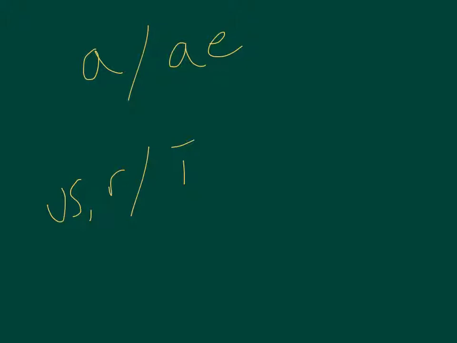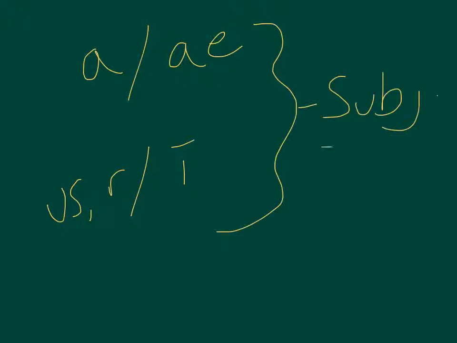These are all, and I put them in orange here, subject endings. So what that means is, in those sentences that we saw before in English, cat, dog, penguin, those were the people who were doing something. With these endings, this is always someone who's doing something.